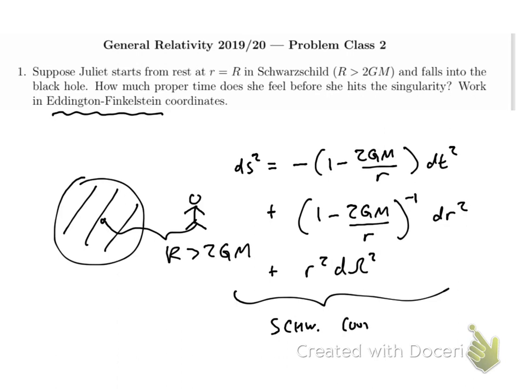But now we're not going to work in Schwarzschild coordinates, because the problem is asking us to work in Eddington-Finkelstein coordinates. So we look back at our notes. Eddington-Finkelstein coordinates were very similar, except that the time coordinate t is not the same one. Instead, you use a time coordinate which I called v in lectures, and that time coordinate is regular at the black hole horizon. If you look back at your notes, you can find this formula.